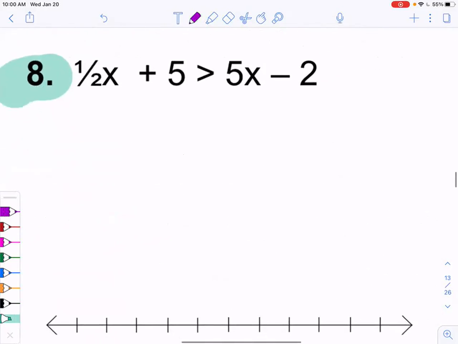Eight, okay. So first thing we're gonna do is get our x's together. So we're gonna bring over a 5x. One half minus 5 is gonna give us a negative 4.5.